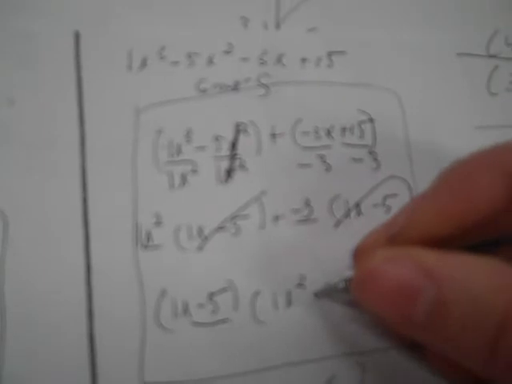So in each parentheses, I have 1x minus 5. So out here, I'm going to make a parentheses and simply put what's common, 1x minus 5. And that leaves me with 1x to the power of 2 minus 3. Now, we're checking for the dots in the x to the second parentheses, okay?